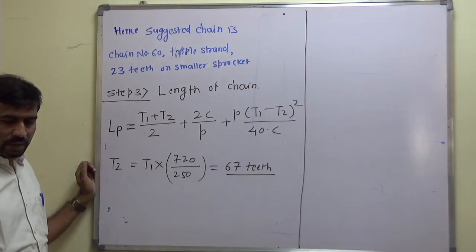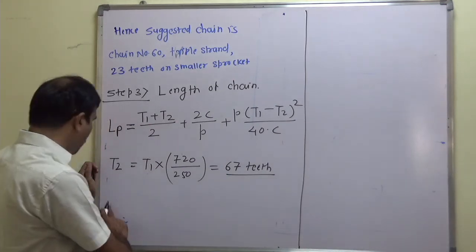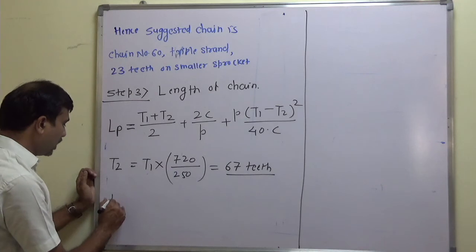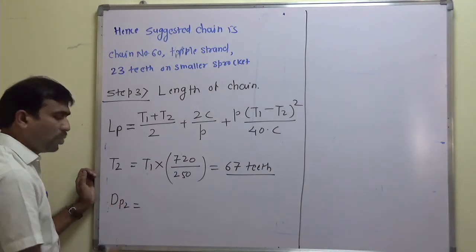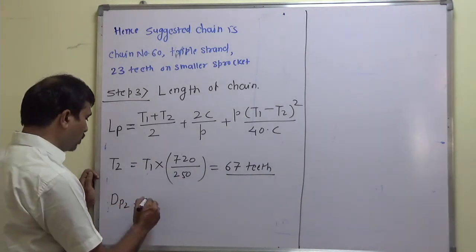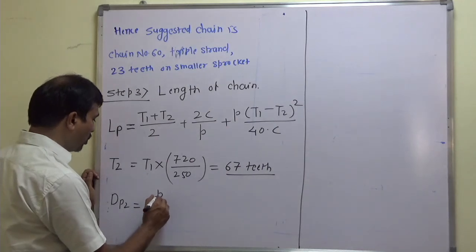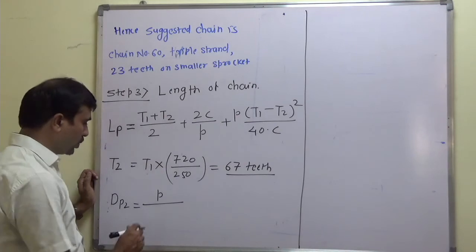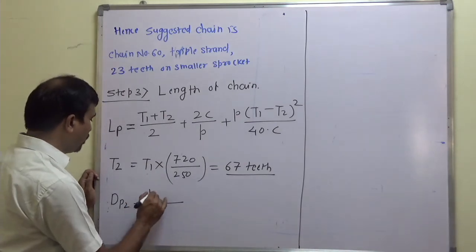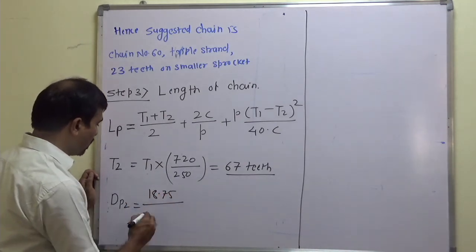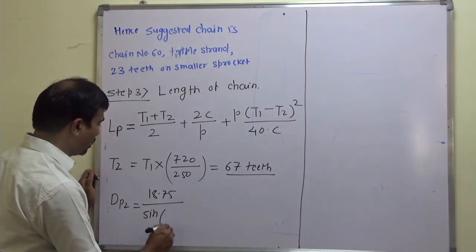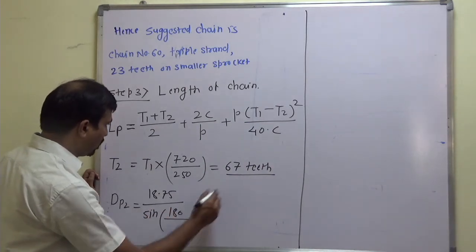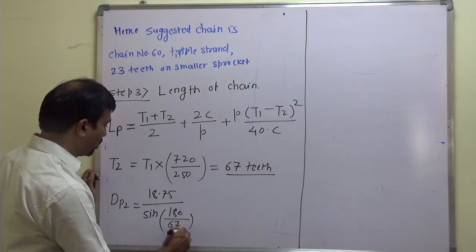Now as you calculate number of teeth on the larger sprocket, you can calculate pitch circle diameter dp2 of the larger sprocket. That is equal to pitch upon sin 180 divided by T2. So pitch is 18.75 divided by sin 180 upon T2, which is 67.